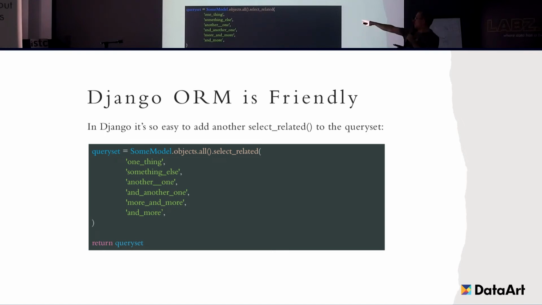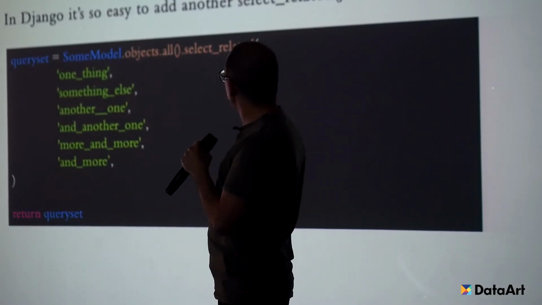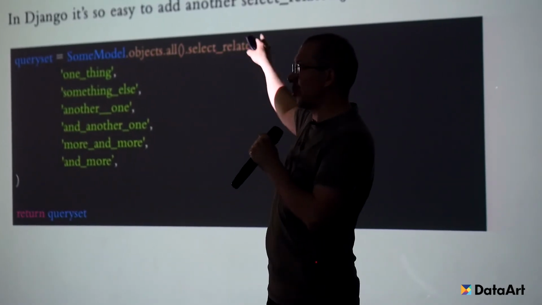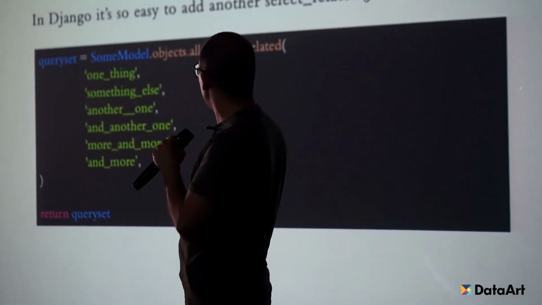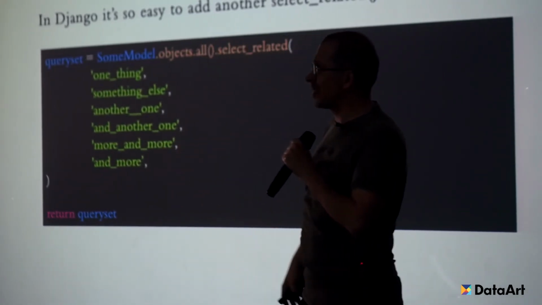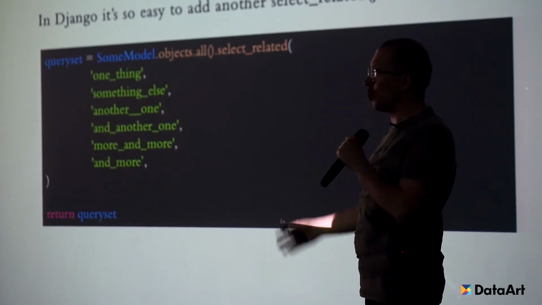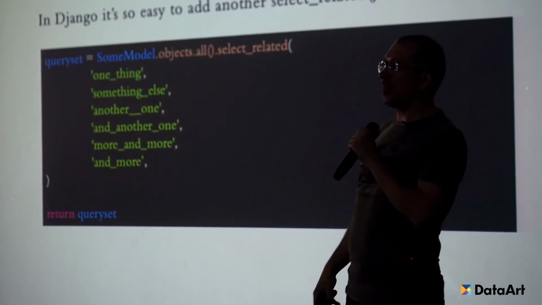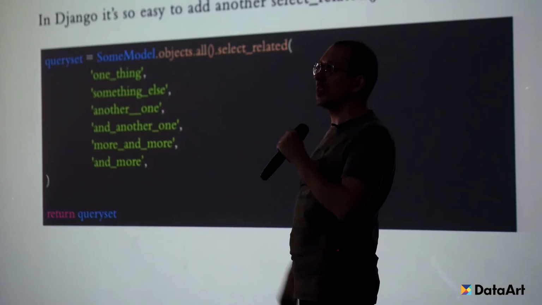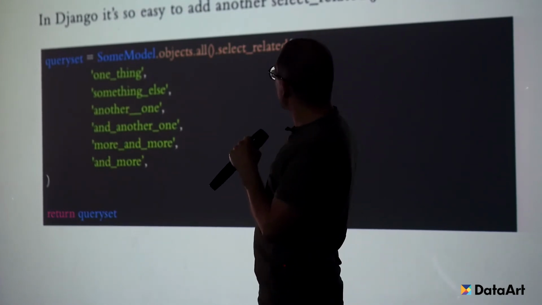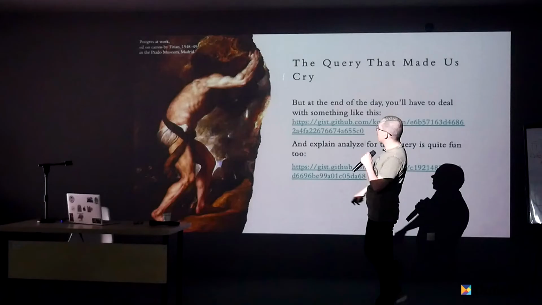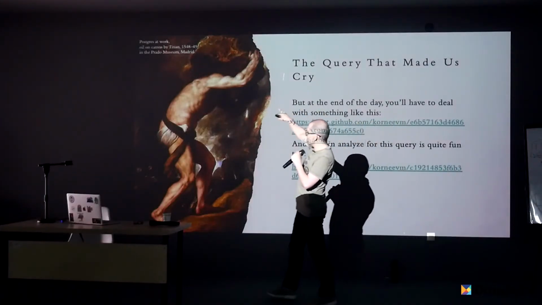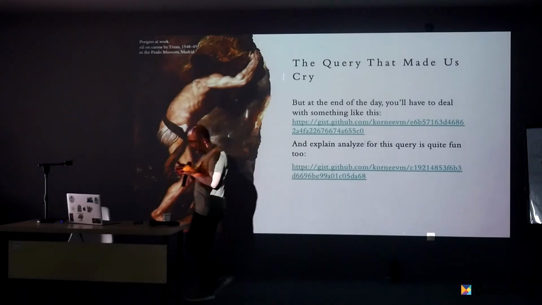You create a query set. There is a cool select_related feature. Maybe someone knows prefetch_related, but with select_related, you want some more data, you take your query set, you add some more select_related, and in a minute, your Postgres starts to look like this.